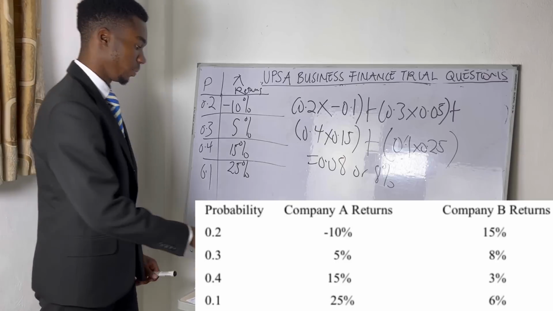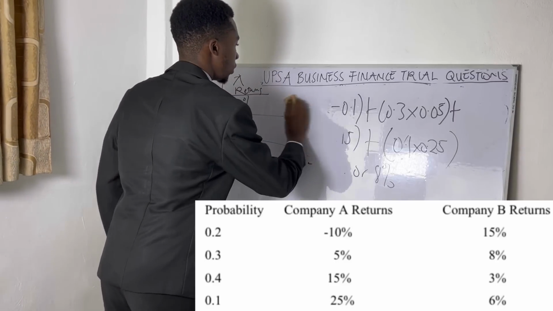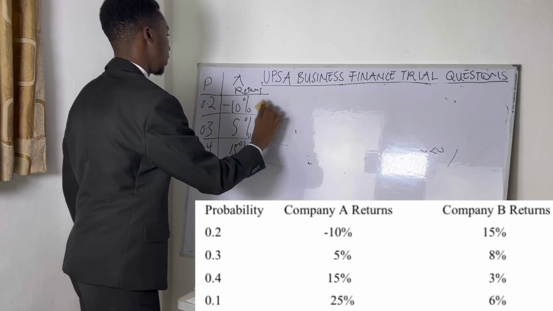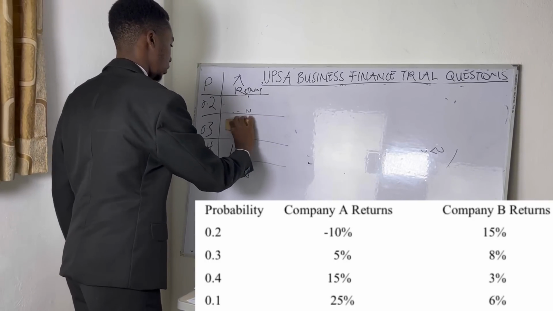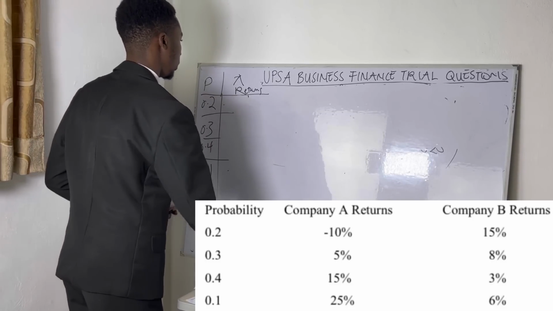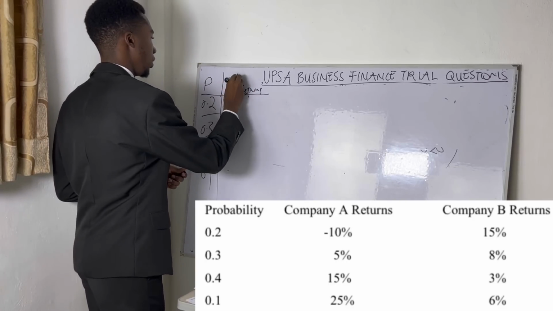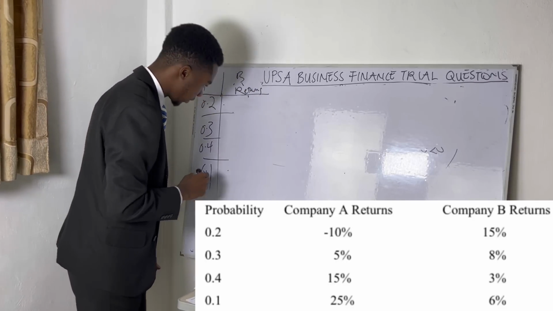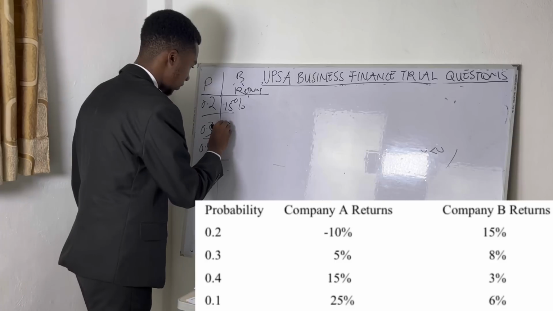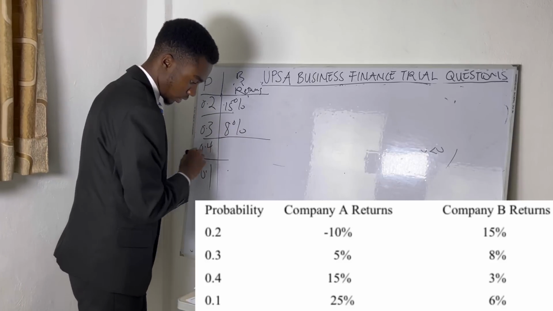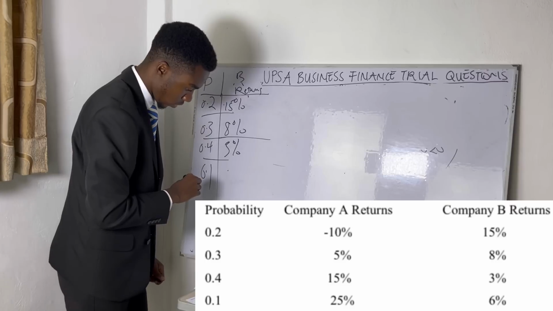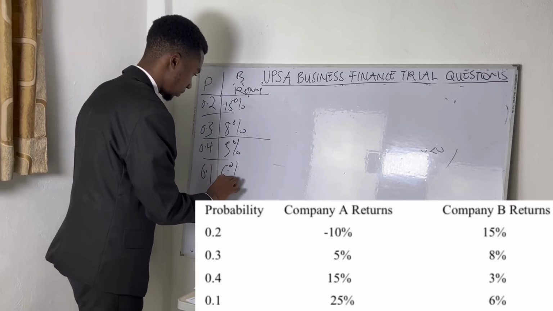Now we move on to company B. Let me clean the returns. For B, the first return is 15%, then the second is 8%, then the third is 3%, and the fourth is 6%.